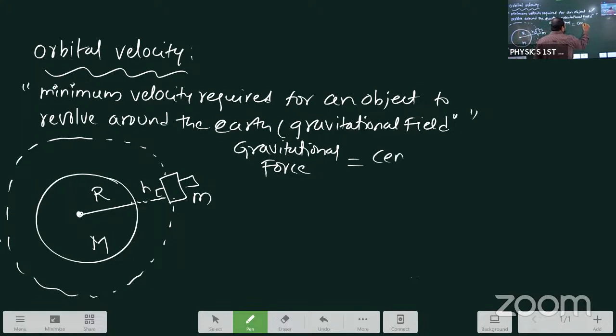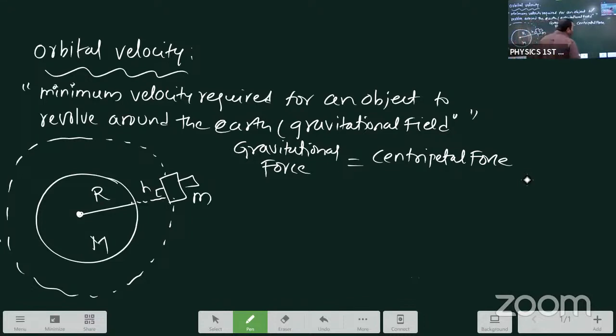Centripetal force, which you read in lower classes, means force acting toward the center; centrifugal force means force away from the center. Here, for an object revolving in a circular orbit, gravitational force provides the centripetal force.